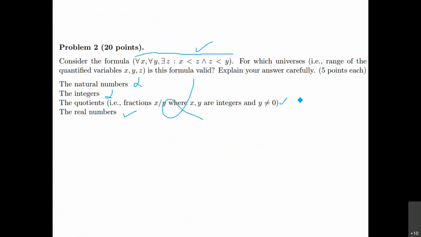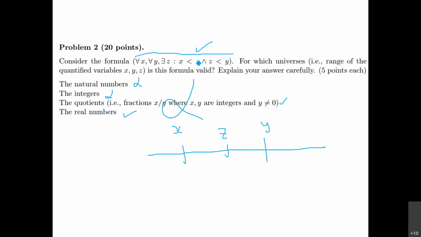None of them. Why? Because we misinterpreted the formula. We assumed that they're saying you have your x, you have your y, and you can find something in the middle. We're assuming that they're telling us between any two numbers you can find something in the middle.